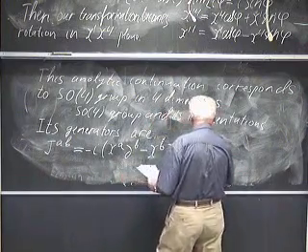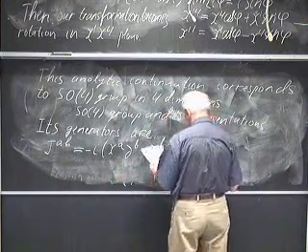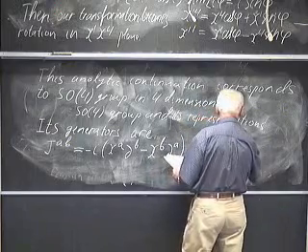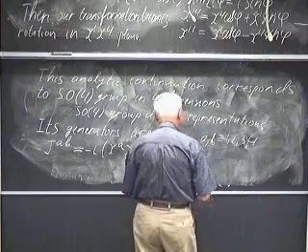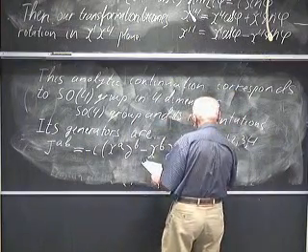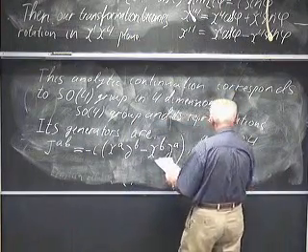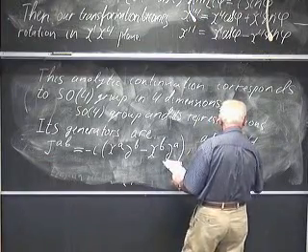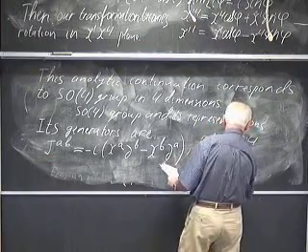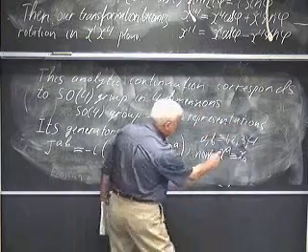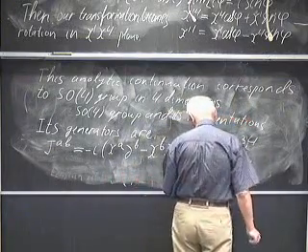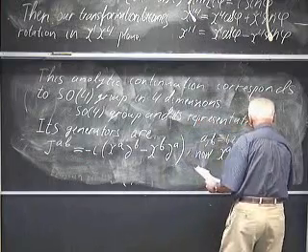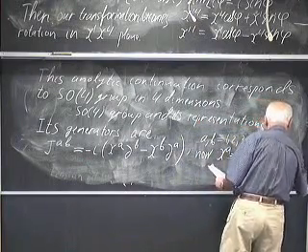Now these indices A, B are 1, 2, 3, 4. And what is important now, we do not distinguish between upper and lower. X^A upper equals X_A lower, same for the derivative.